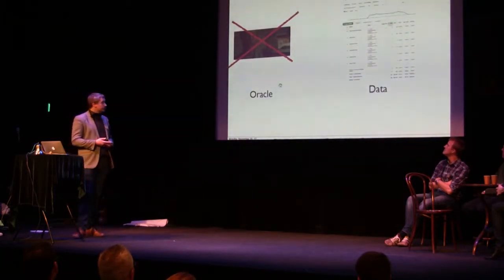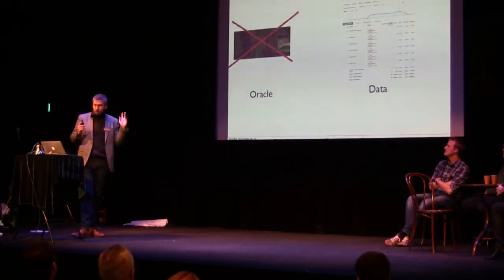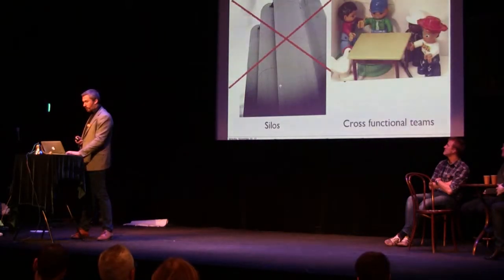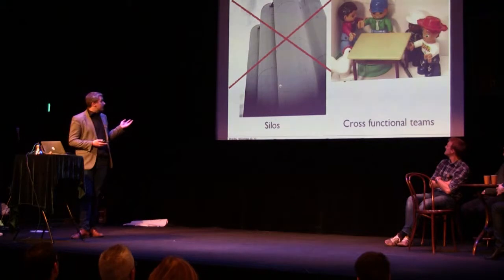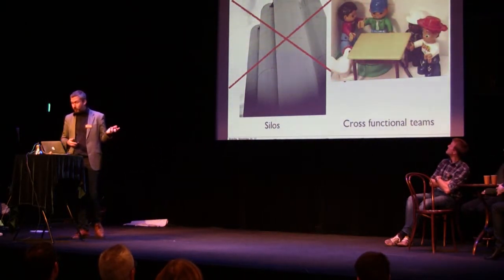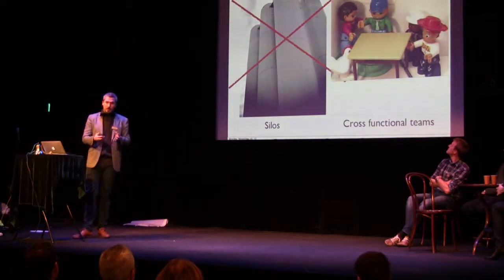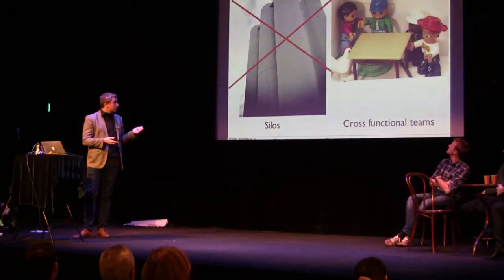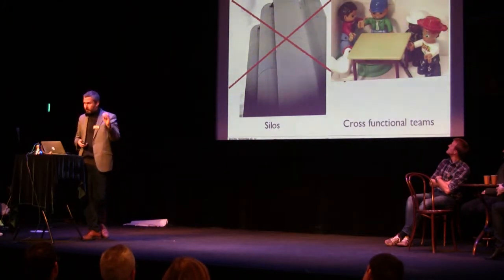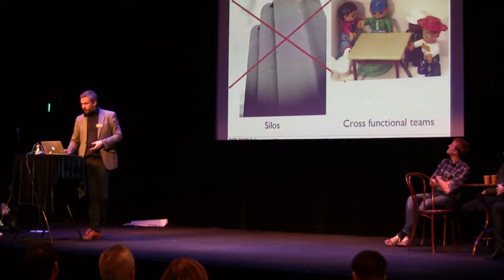So instead of an oracle, we rely on data. Instead of silos, we have to do it with cross-functional teams, and I mean cross-functional not in the sense that you have designers and testers and developers. It's business cross-functional. It's customer service, marketing, R&D. They should work together.